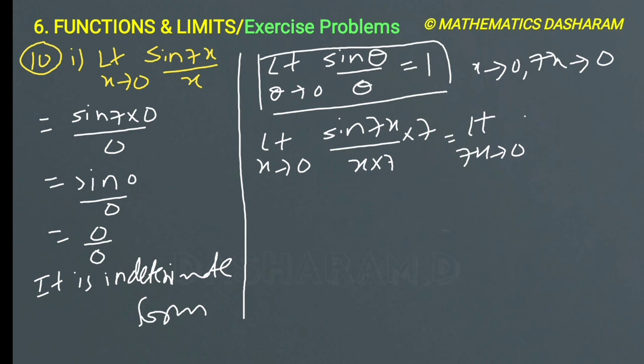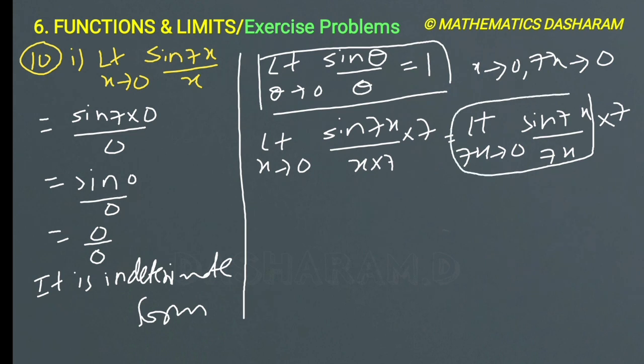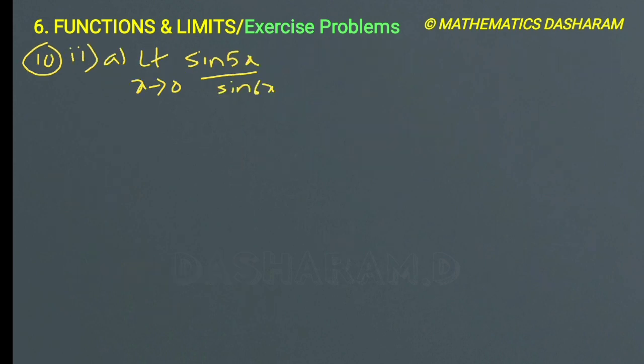So then sine 7x by 7x into 7. For this we can apply the above formula, which gives 1 into 7. So it is equal to 7.